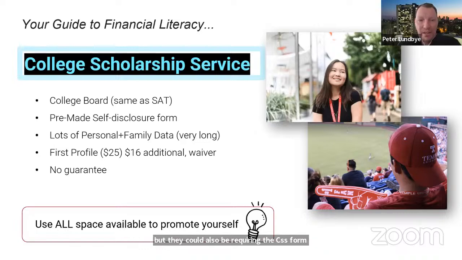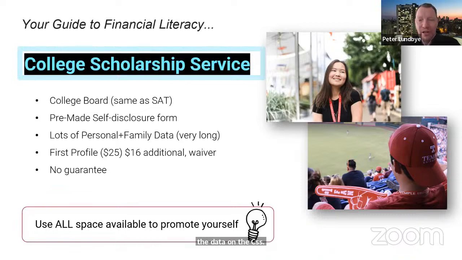So this is a pre-made self-disclosure form. It is an additional application. It does collect a lot of personal and family data. You heard Kevin mentioning a lot of things about the FAFSA. The data on the CSS is very, very similar.